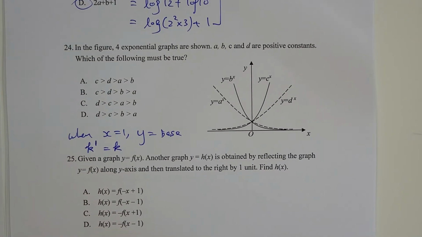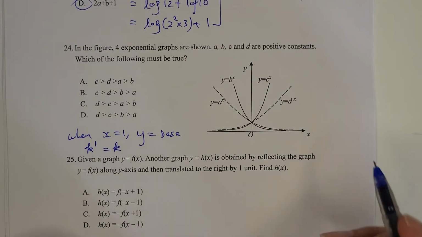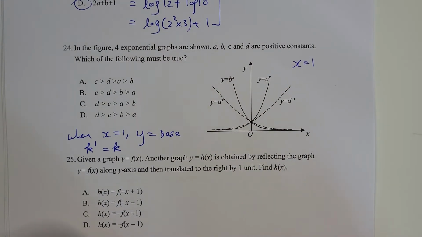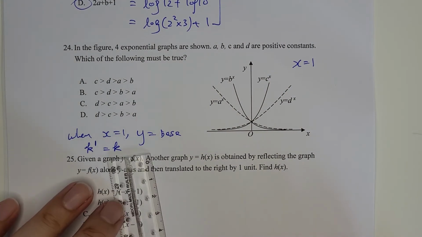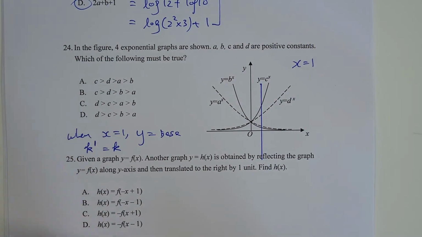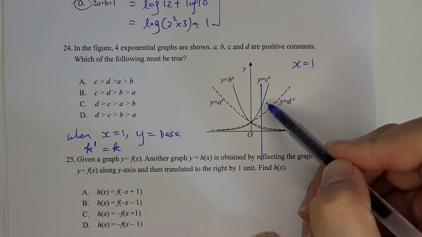So what we need to do is consider what happens when x equals 1. In the graph, x equals 1 means a vertical line. So when you draw the vertical line x equals 1, you can find all these 4 intersecting points.